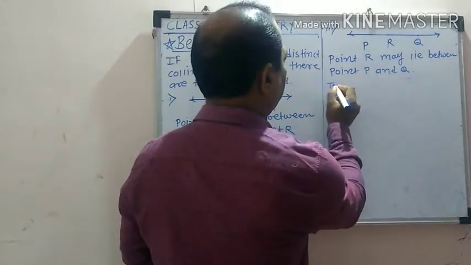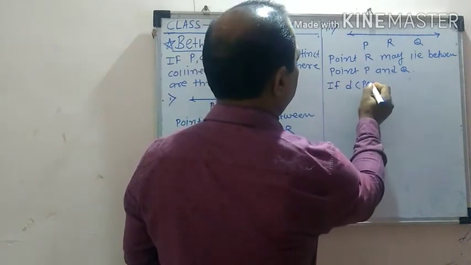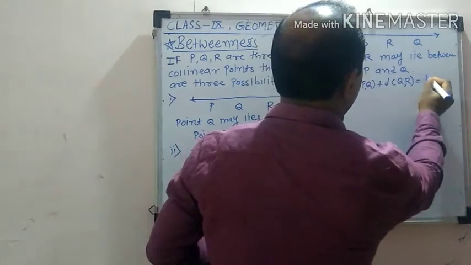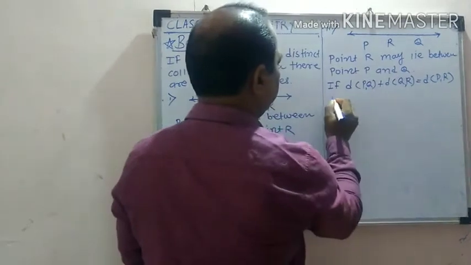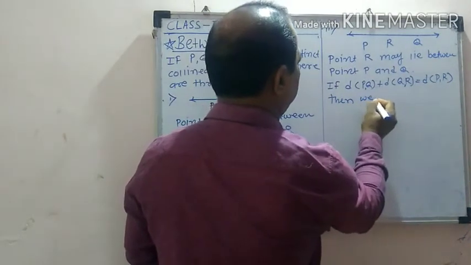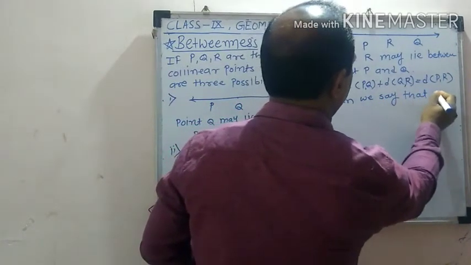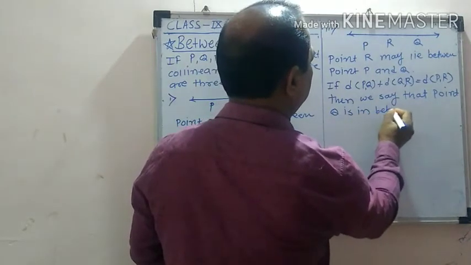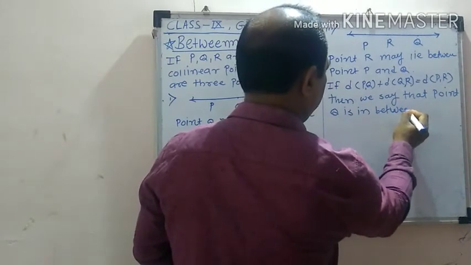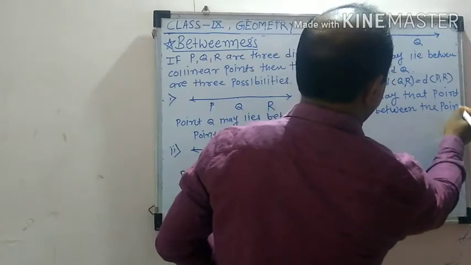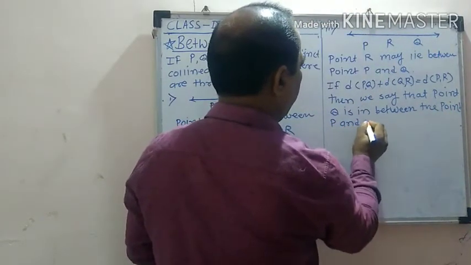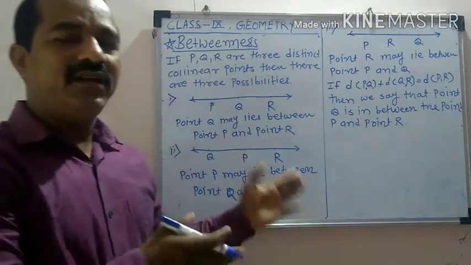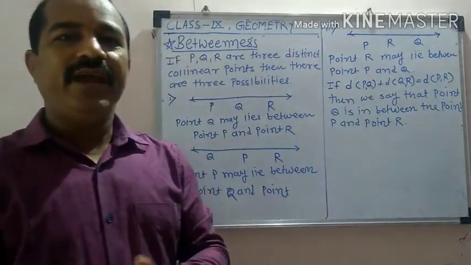If distance between PQ plus distance between QR is equal to distance between PR, then we say that point Q is in between the point P and point R. Means instead of seeing the possibilities, there is directly one formula for finding the point between any two given points.